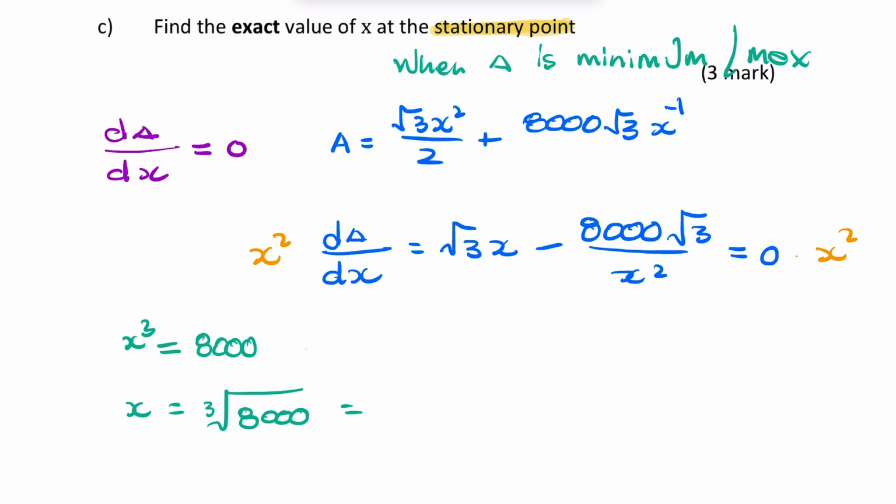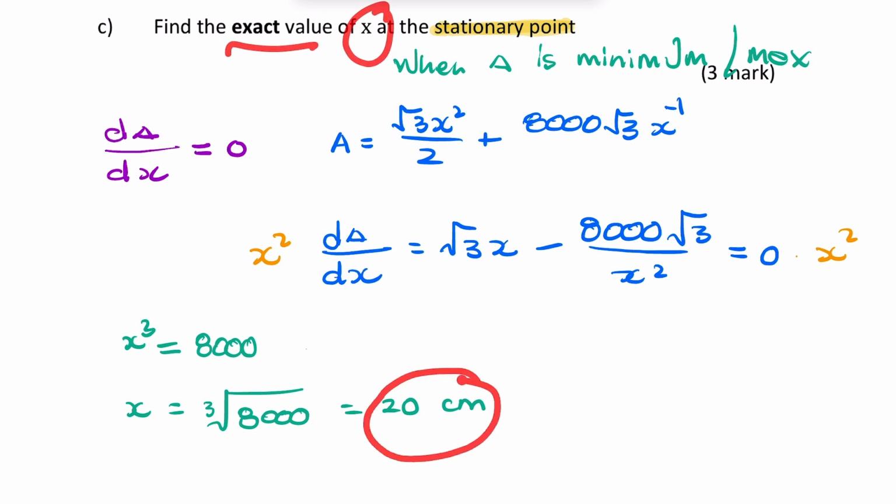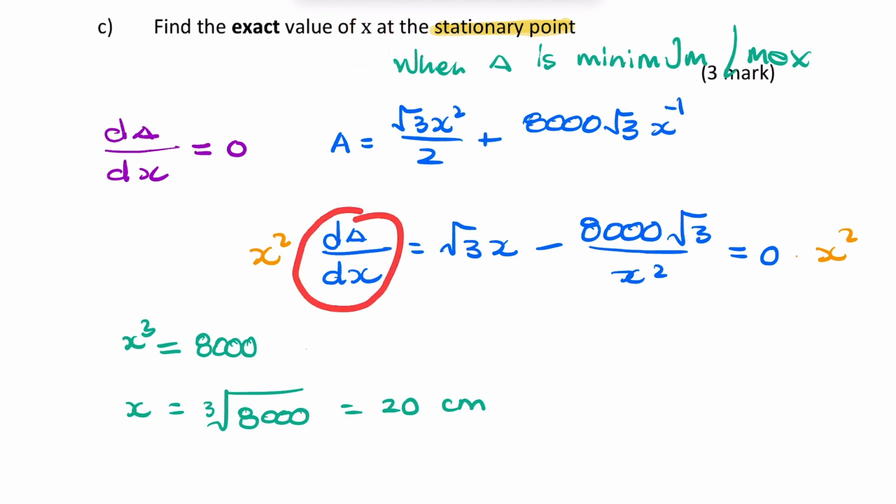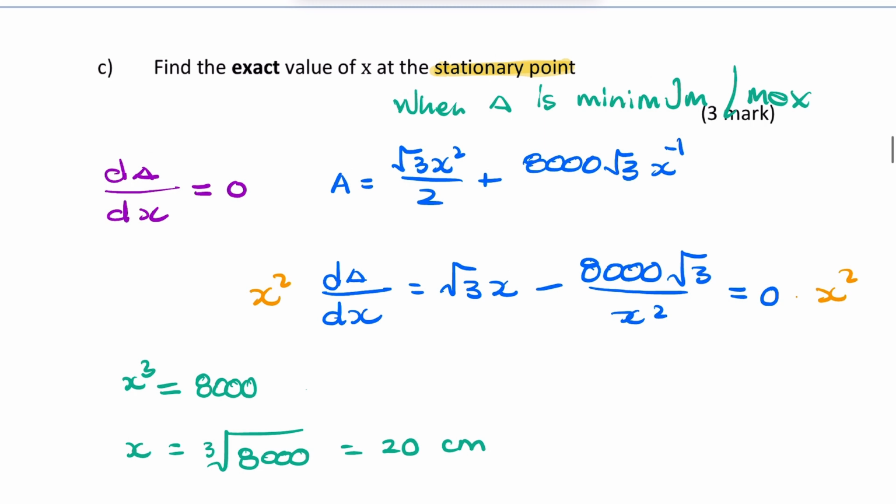And I think that's just 20. Yeah, 20. So that's the exact value of x when dA by dx equals 0. So that's the answer for this question.